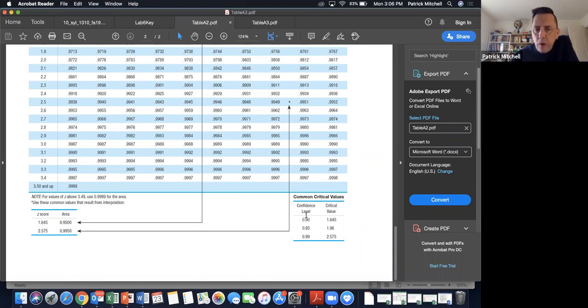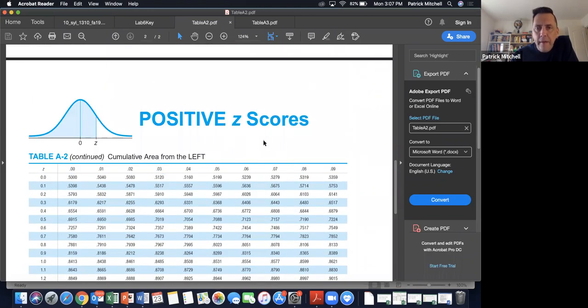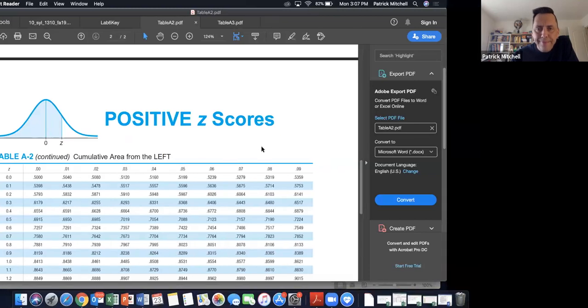So in the future, when we are dealing with one of these confidence levels, we will likely just say, now remember that the critical value for, say, 0.99 is 2.575. As long as you have a copy of this table handy, you can find this reference at the bottom of the positive z-score side of table A2.